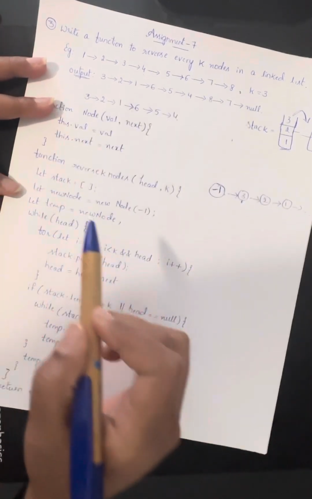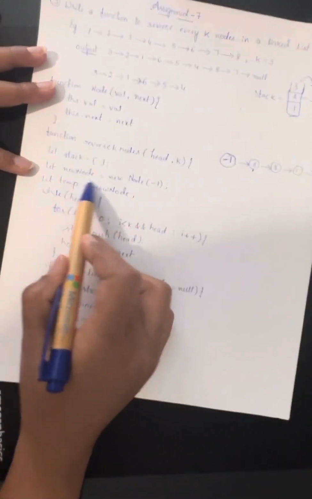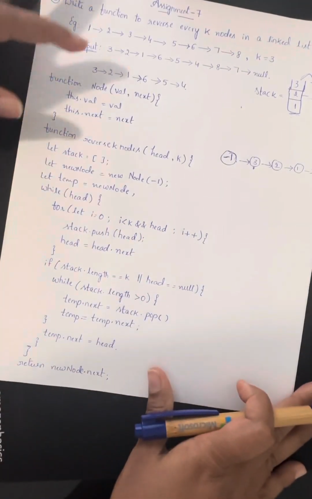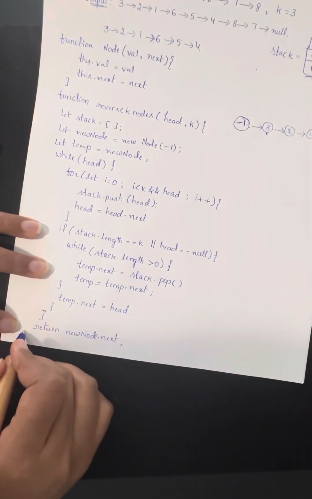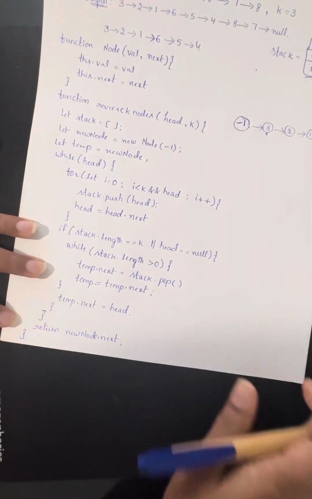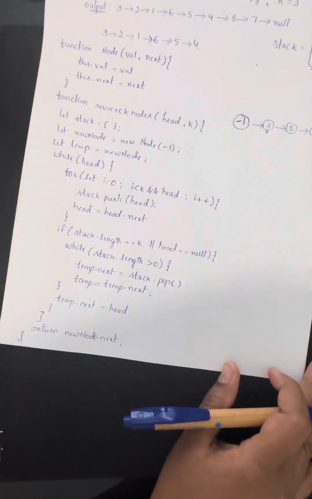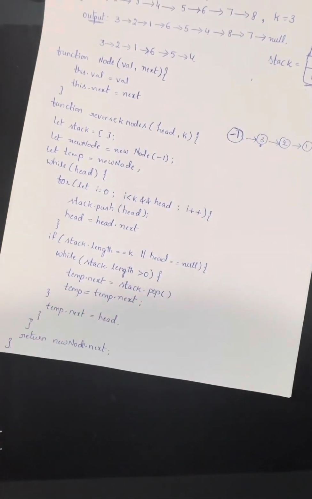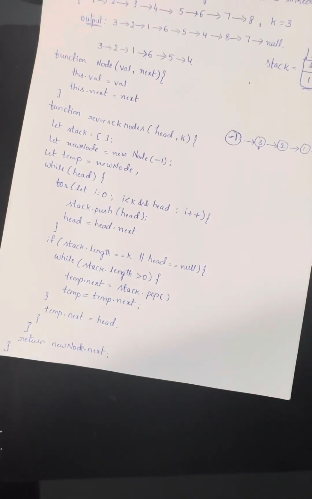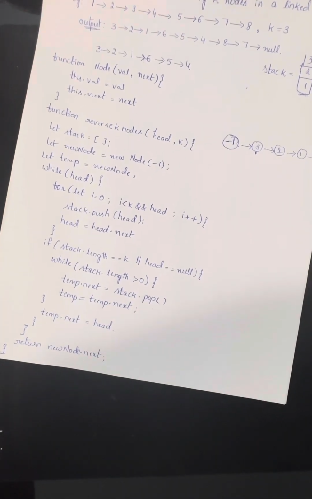That is the reason I am returning new node dot next. So this is the code for reversing every k nodes.